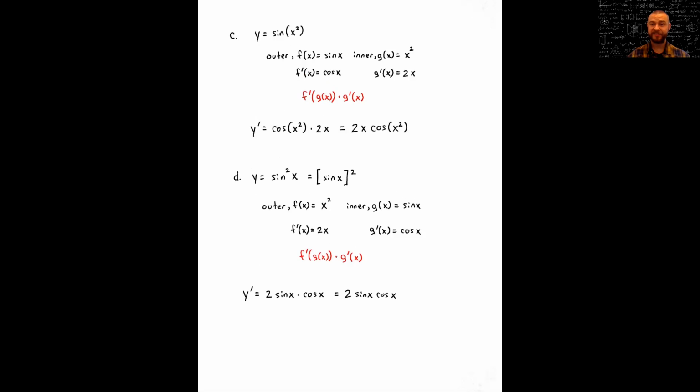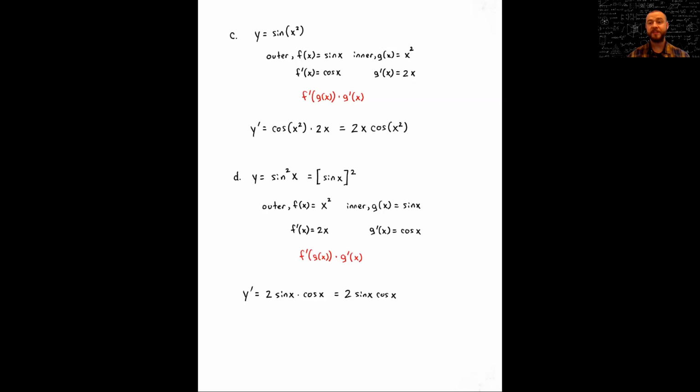That's plugging sine of x into f prime. Just replace the x in f prime with sine of x. And then we multiply by cosine of x, which is the derivative of the inner function, g prime.